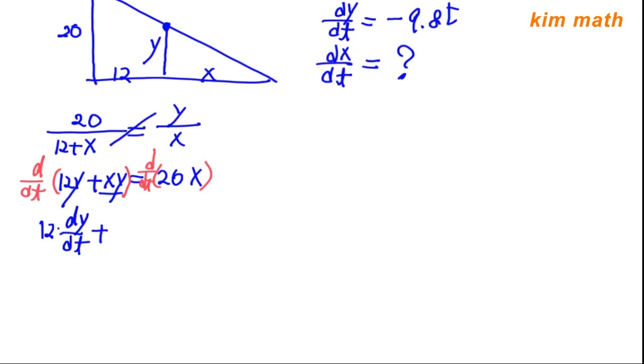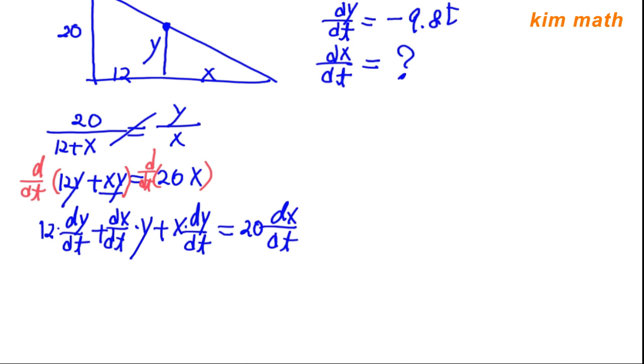The derivative of the first one is dx/dt, and copy the second one, plus copy the first one and the derivative of the second one, which is dy/dt, equals the derivative of 20x with respect to t, which is 20 dx/dt. Good.